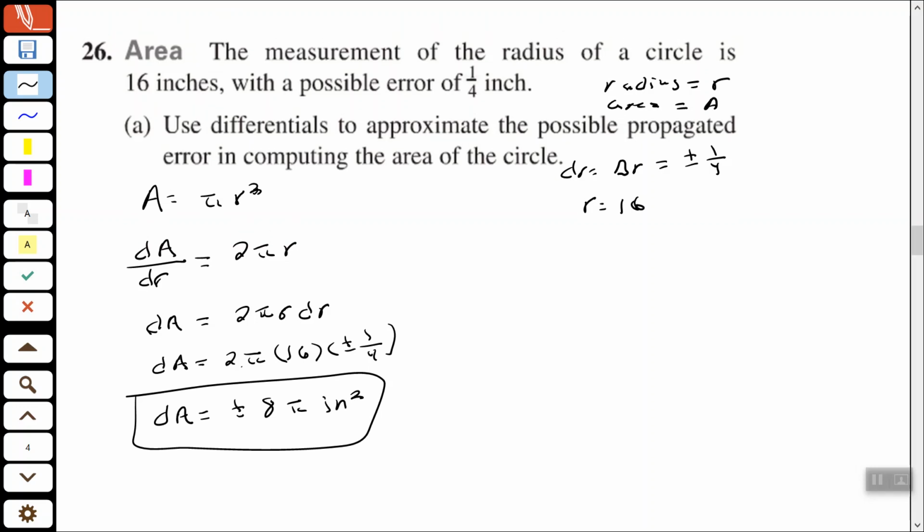So that's the possible propagated error in computing the area of that circle with that given information.